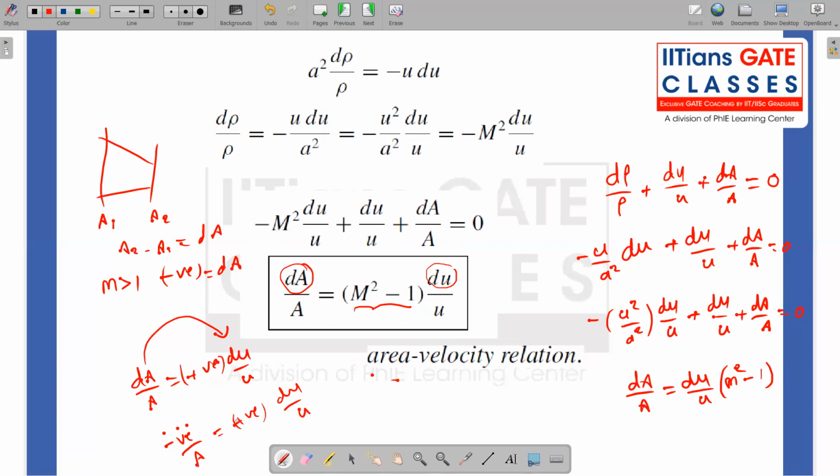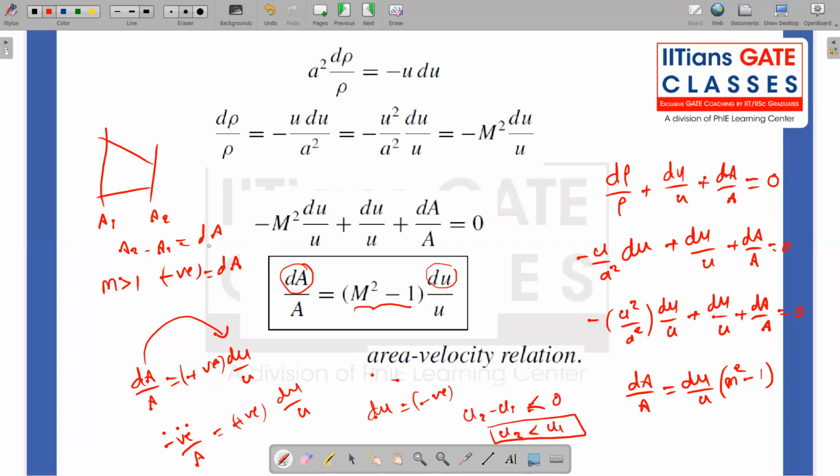That means u2 minus u1 has to be less than 0, or u2 has to be less than u1. What does this say? u2 has to decrease.